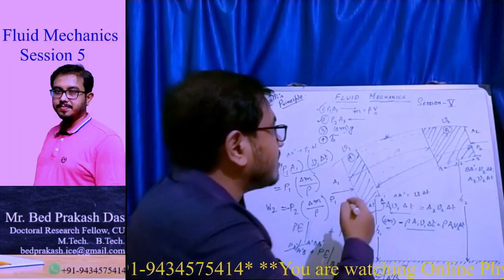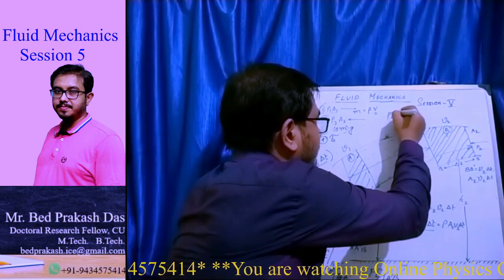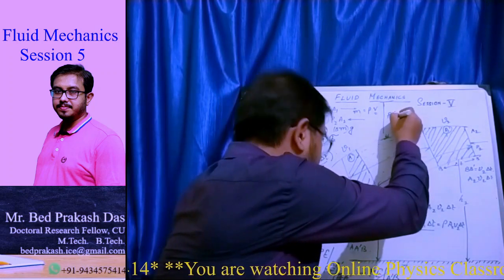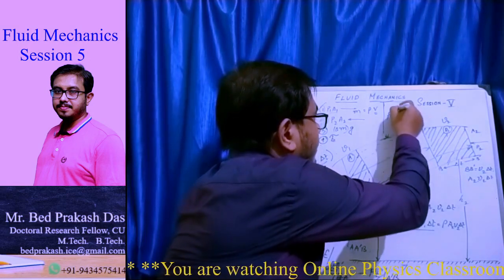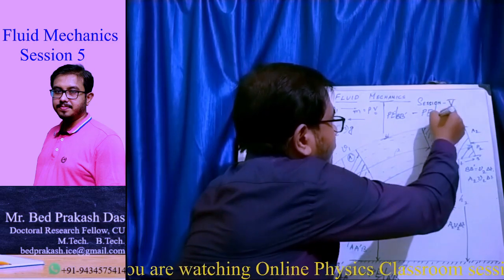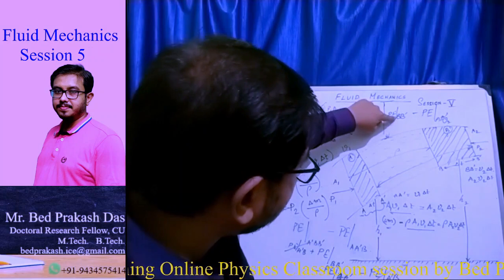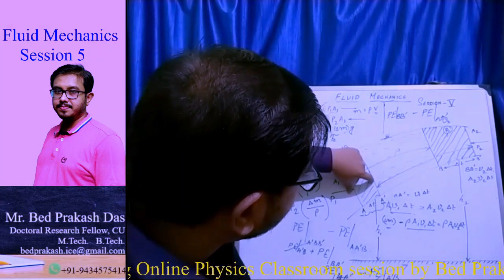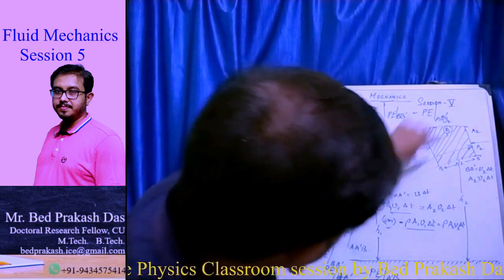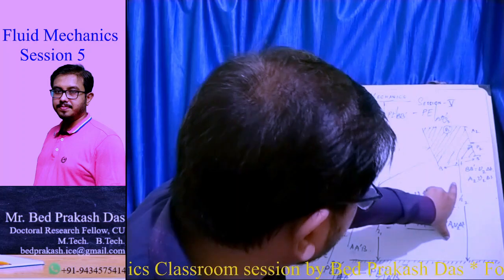The remaining effective potential energy will be the potential energy for the B B dash part minus the potential energy for the A A dash part. Potential energy for this part is acting at this height, and the potential energy for this part is acting at this height.